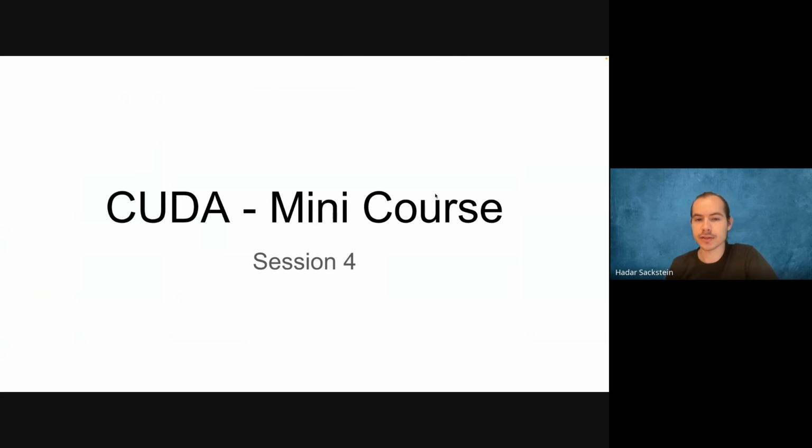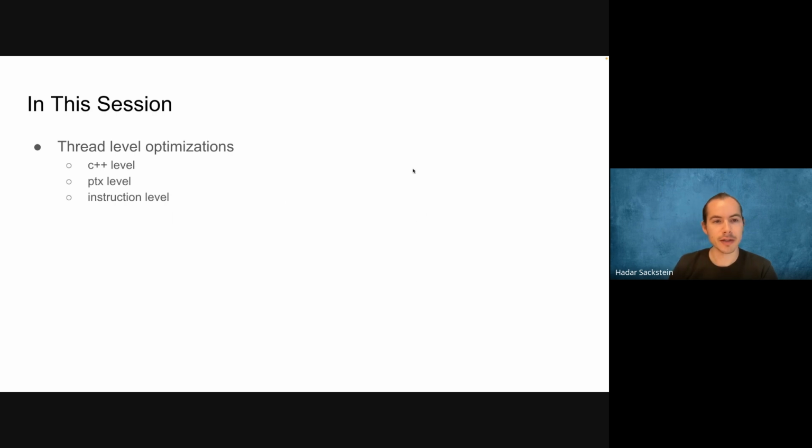In the last sessions, we talked about kernel optimizations on the kernel level, and in this session, I want to show you some optimization on the actual thread level. So this session will deal with the thread level optimizations.